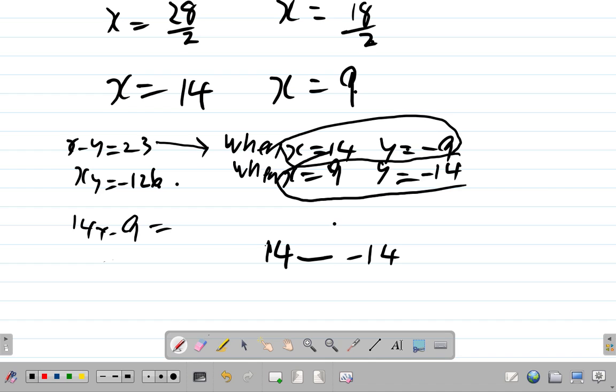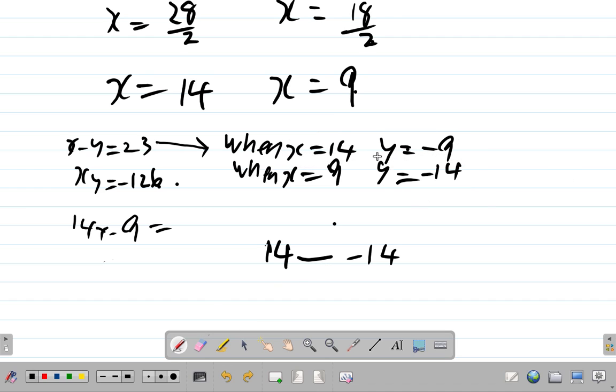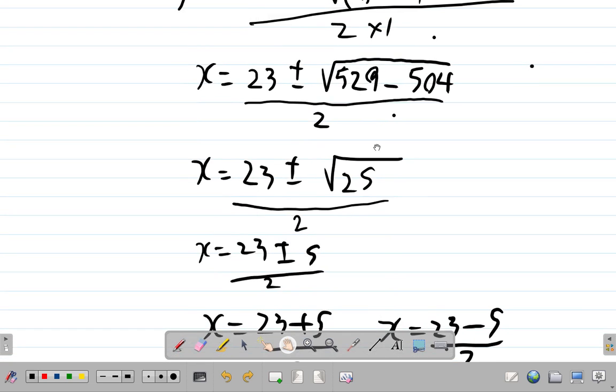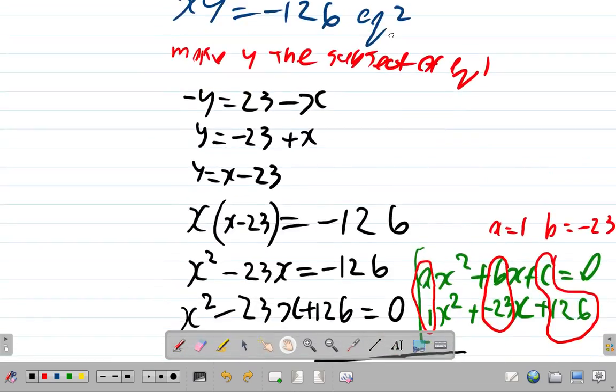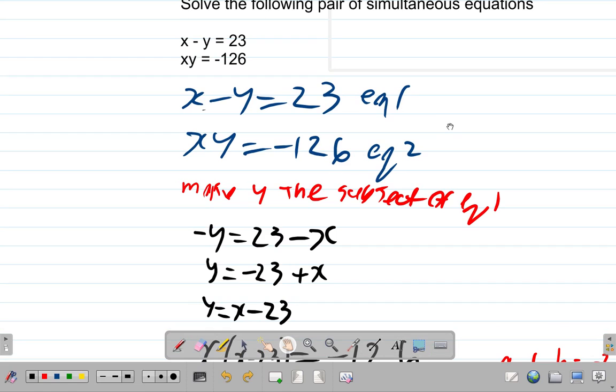This x and this y go together. Alright? So, there you have it. 2 pairs of answers. When x is 14, y is negative 9. When x is 9, y is negative 14. So you'll get 2 pairs of answers anytime you have a pair of simultaneous equations where one is linear and the other is quadratic. Alright? So that's it for now.